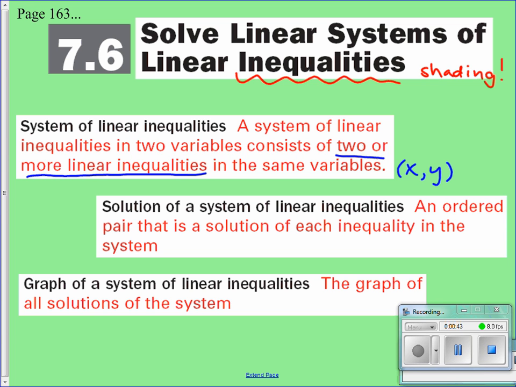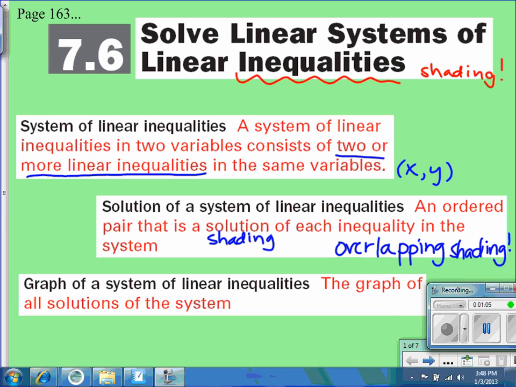So it is in the shading of each inequality. If it is in the shading of each inequality, the shading is going to overlap. Overlapping shading. That's where the solutions for both inequalities are going to be. Now the graph of that is the graph of all solutions.